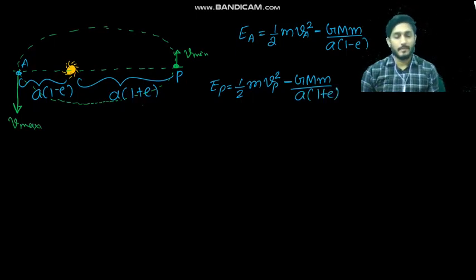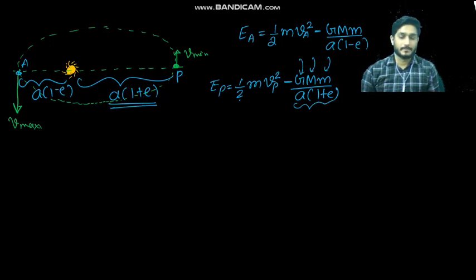Again, simple application: kinetic energy plus potential energy. Potential energy is GM1M2 upon the separation at the point of perihelion, which is a into 1 plus e.